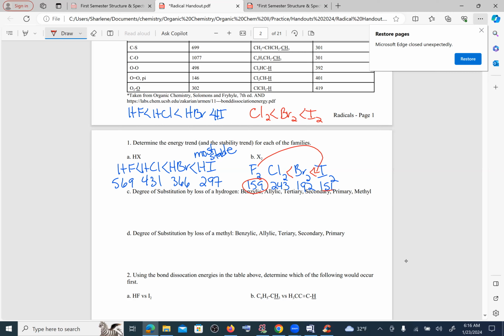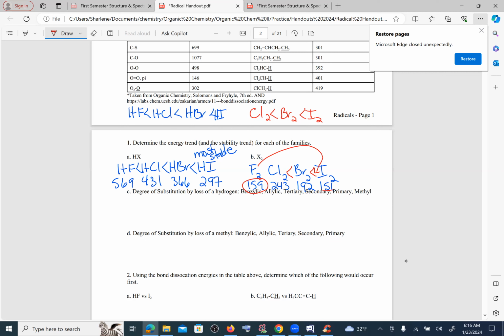All right. What about the degree of stability? What kind of stability am I talking about? Well, we have talked about carbocations, and I like to go through the whole gamut. So benzylic, allylic, tertiary, secondary, primary, and methyl.